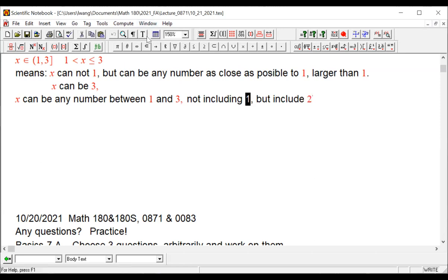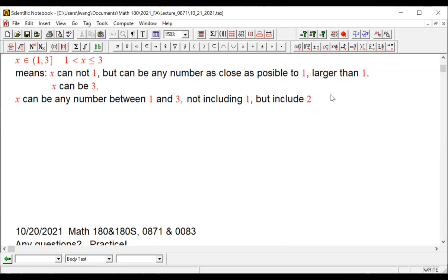Is that clear? Next question. Professor, do we have a typo, it should include 3? Oh, include 3, sorry.